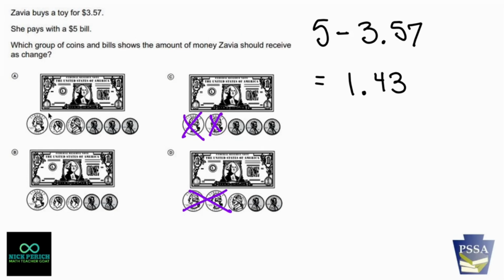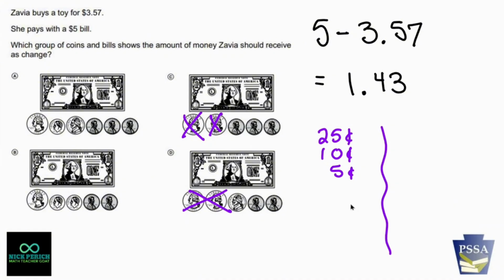Now, let's compare what we have with A and what we have with B. Again, we are allowed to use calculators, so we will. A is a quarter, so that's 25 cents. A dime, that's 10 cents. A nickel, that's 5 cents.